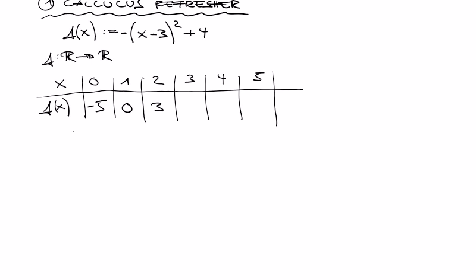I also think so. 3? 4? 4? 3? And 5? 0, because this is 2, this is negative, and then 0. Yeah. So based on that, we can actually now already plot it.